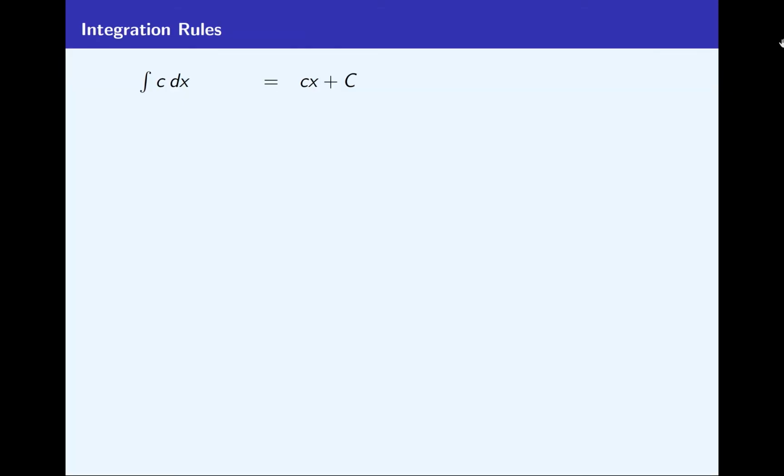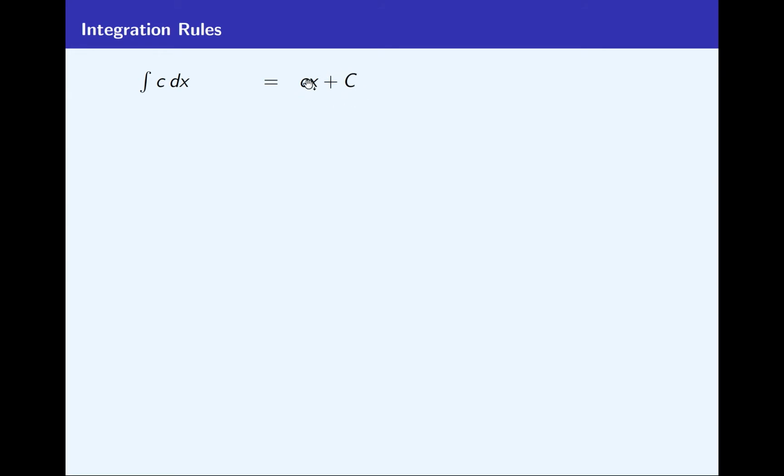We have more integration rules than just the power rule for integration, because any derivative rule in reverse gives a corresponding integration rule. I'll give you a list. Think of the integral of little c dx. This equals little cx plus big C, where the little c and the big C can represent different constants.